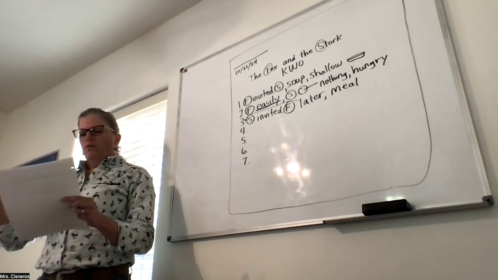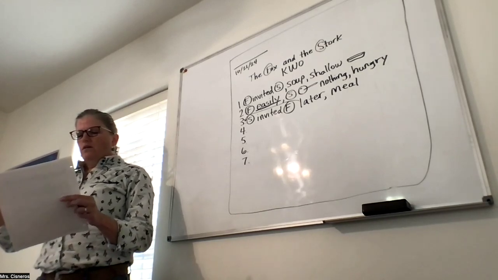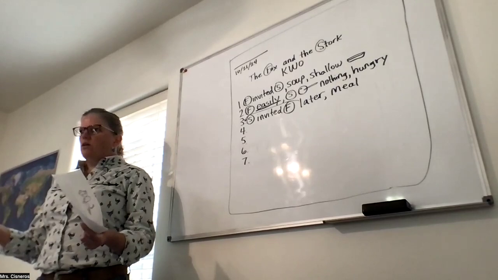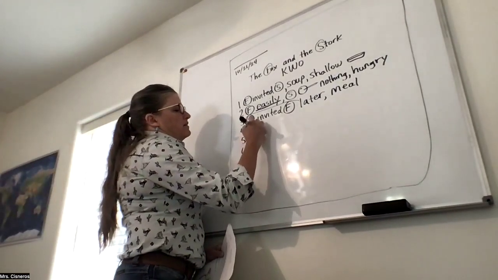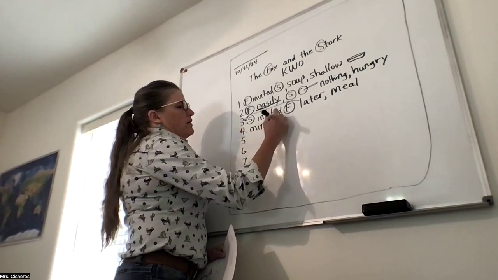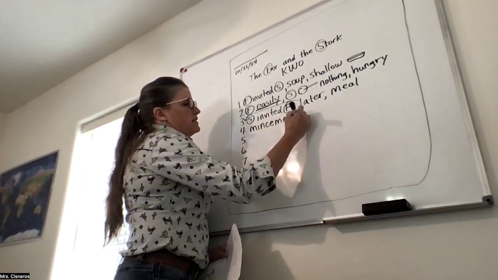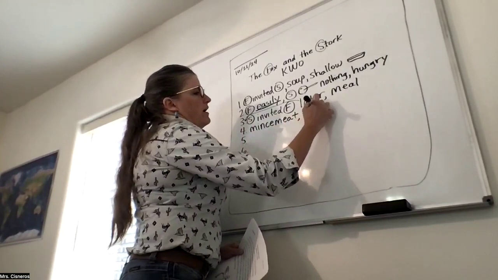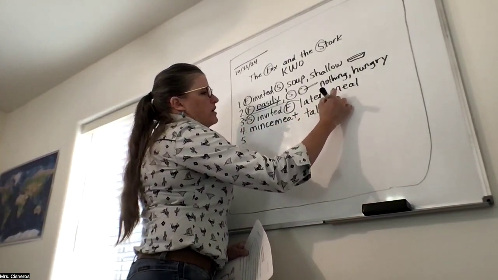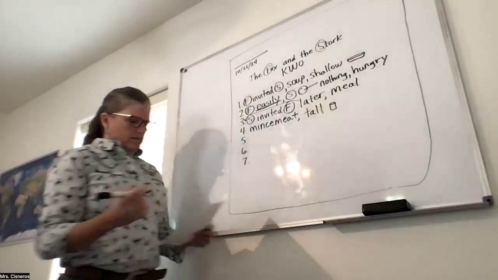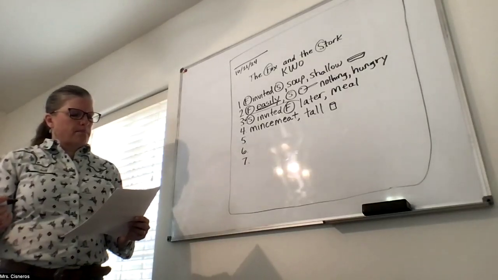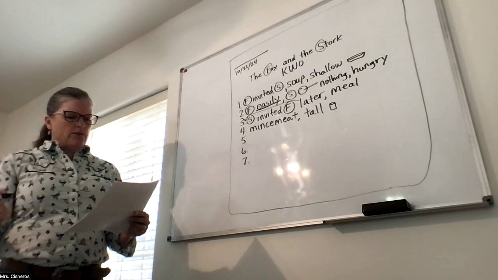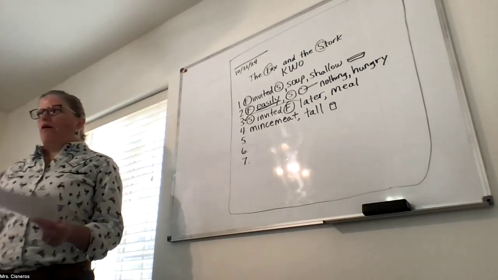What if we drew a jar? Okay, so what if we did mincemeat? I think we need that. Go ahead and write this, Grayson. Mincemeat, tall, and then we'll draw a little jar. Could we do the word small and draw a mouth?